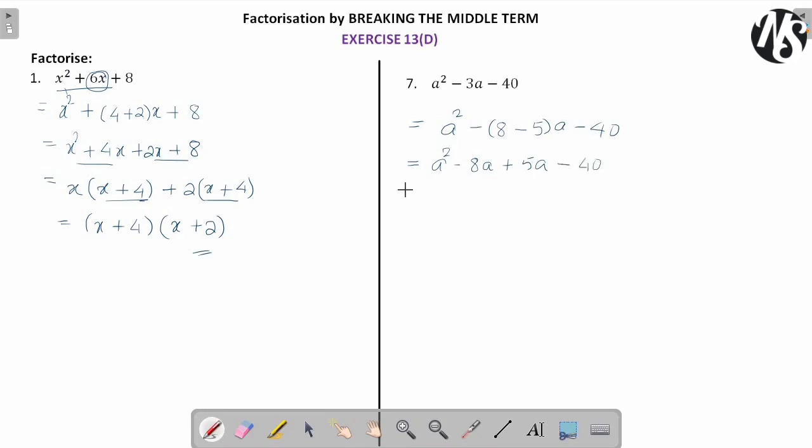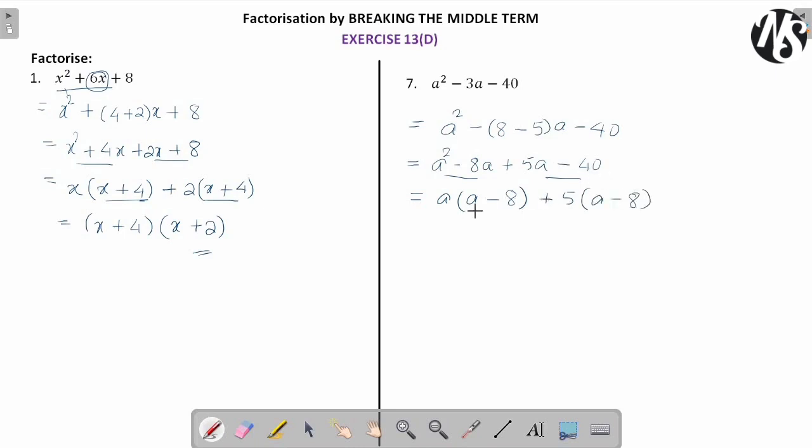All right, so this is equal to, is there anything common here? Yes, a is common. When you take a common, you get a, minus from here you get 8. From these two, again we see 5 is common. When you take 5 common, you get a minus 8 here, isn't it?